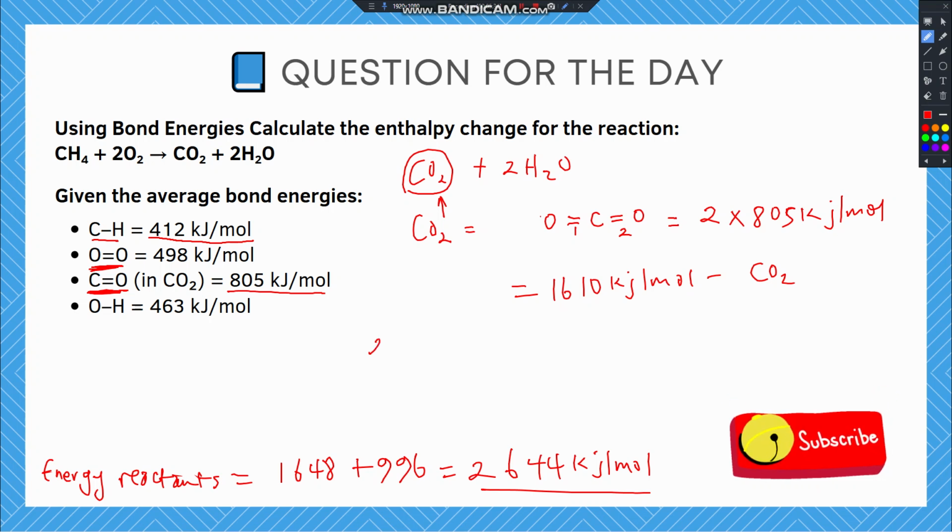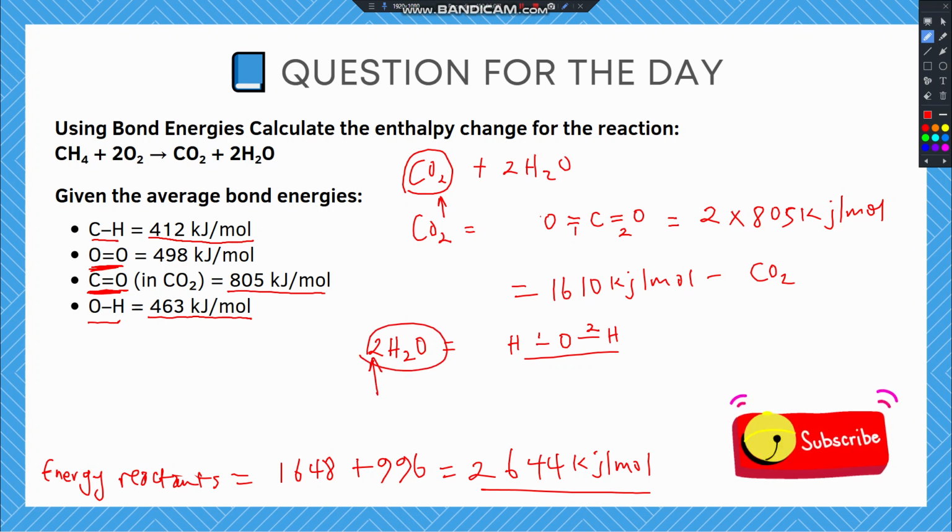And then next up we have 2H2O. H2O has this structure, O linked to a couple of hydrogen atoms. All right, this is what H2O looks like. And from the bond energy rundown, we have been told that the O-H bond has a bond energy of 463 kilojoules per mole. Now, how many of those bonds do we have? We have one, we have two. And from the chemical equation, we have 2 moles of water that have been formed.